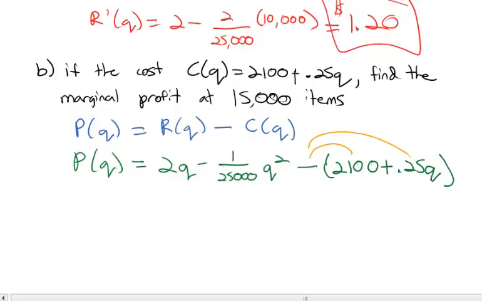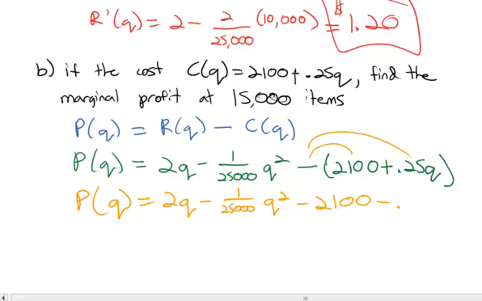So we can distribute through the parentheses. The profit is 2Q minus 1 over 25,000 Q squared minus 2100 minus 0.25Q. We could combine like terms. I'm not going to because we're going to plug it into our calculator anyways.